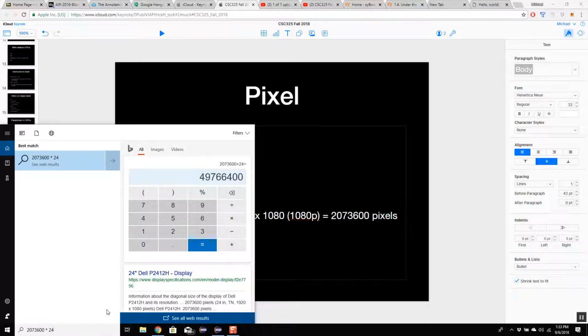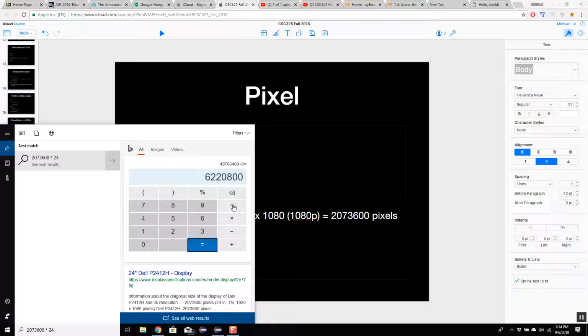Times 24, so that gets us this number as the total number of bits. Now, if we want to get that into bytes, we have to divide that by 8. So now we're in bytes. We're going to get that into kilobytes. What do we do to it?